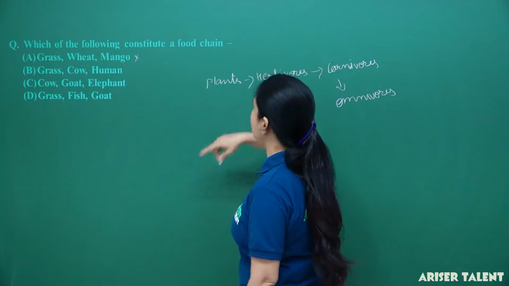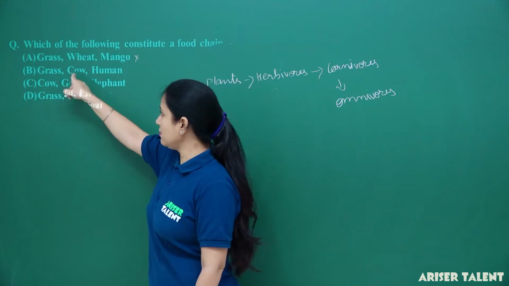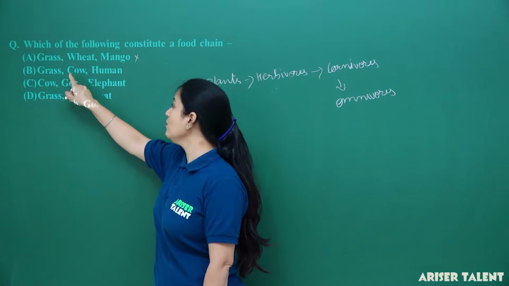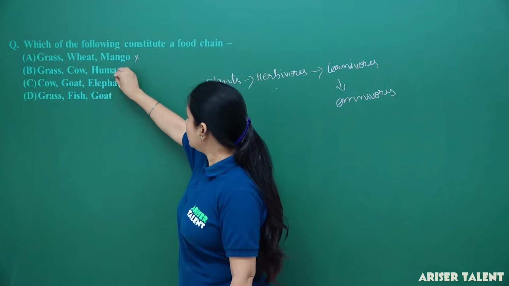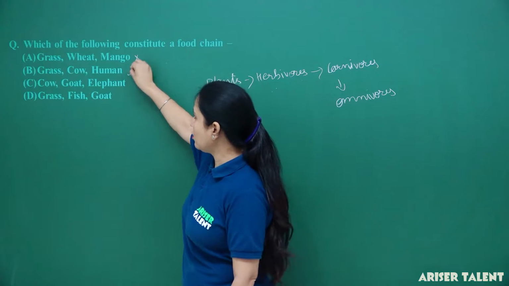Here grass is the producer, meaning plant, it is eaten by a herbivore, that is the cow, then the next is human, that is an omnivore. So this is the correct option.